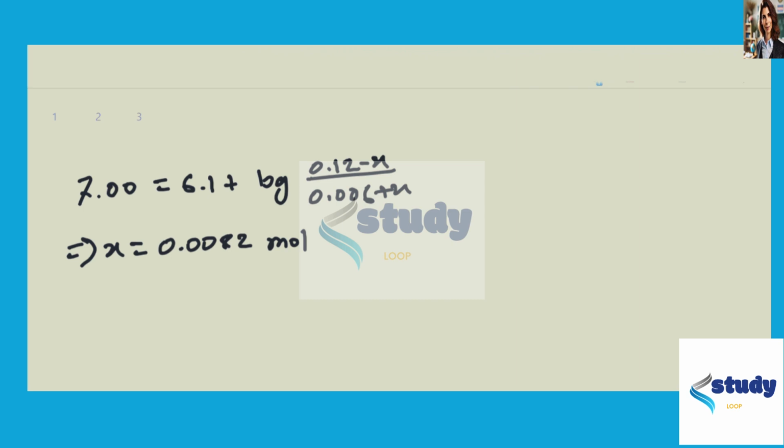So this is the mole of HCl we can add, and that can be neutralized by the buffer before the pH falling below 7. So from the number of moles we can easily find the mass of the HCl.